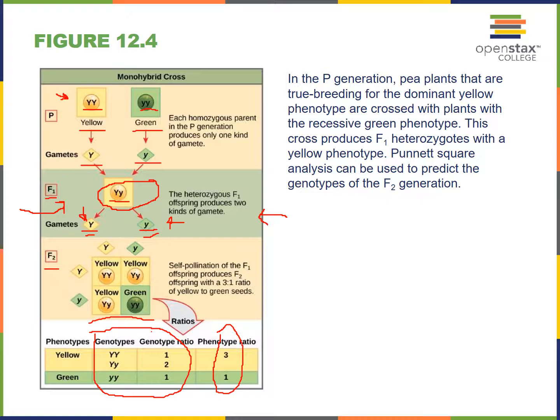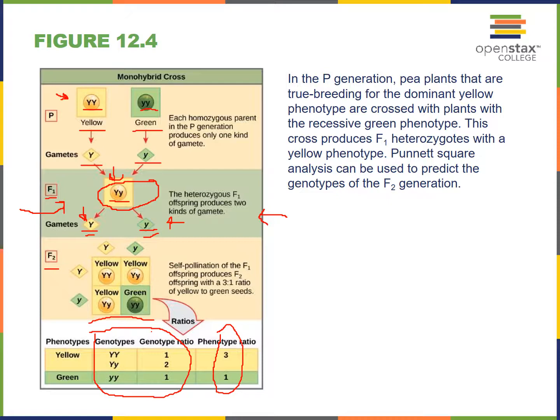And the F1 offspring, all of them had at least one yellow allele. So that was the phenotype you saw. You saw 100% yellow colored seeds in the F1 generation.